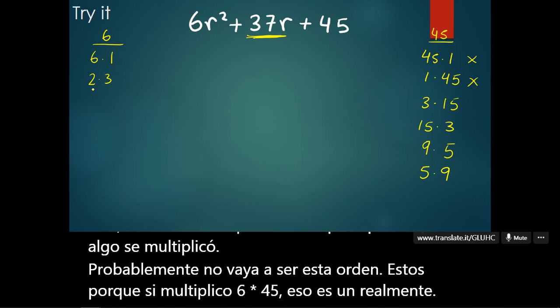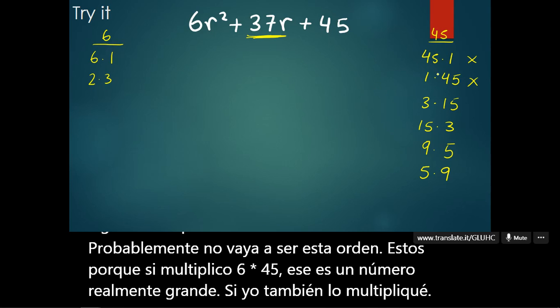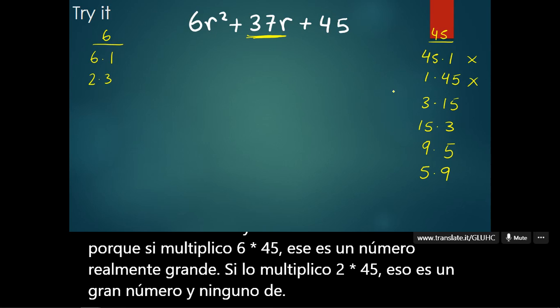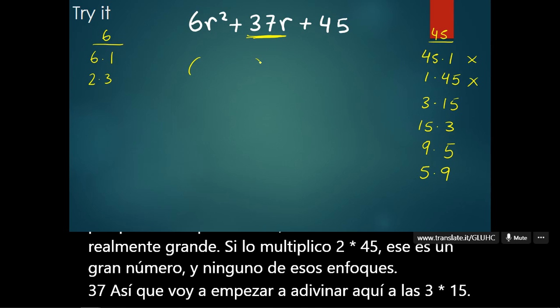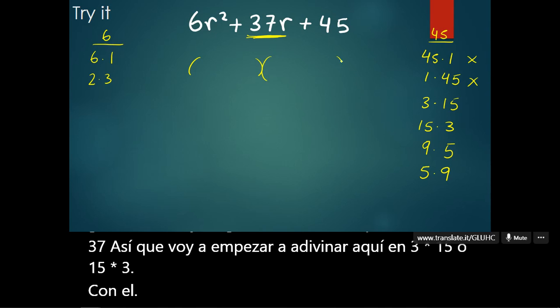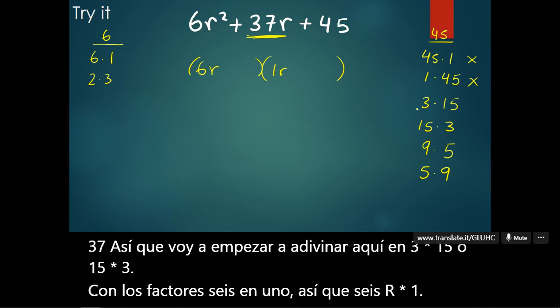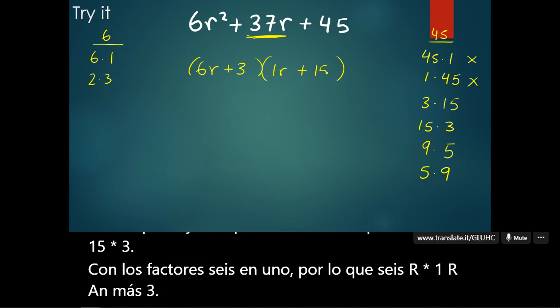If I multiply 2 times 45, that's a big number, and none of those approach 37. So I'm just going to begin guessing here at 3 times 15 or 15 times 3 with the factors of 6 and 1. So 6r times 1r and plus 3 plus 15.